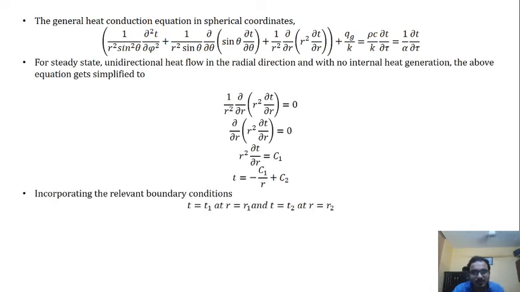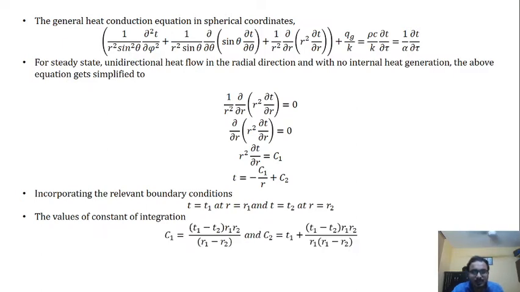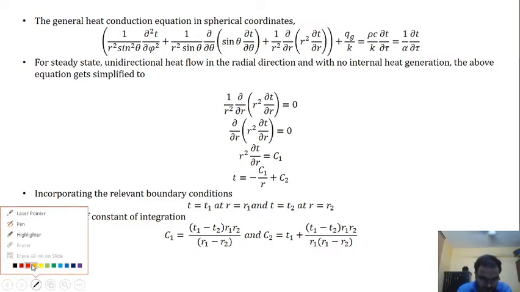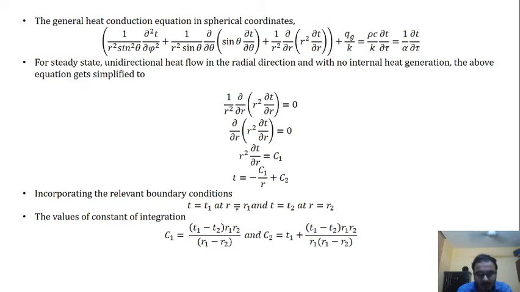So here these are the boundary conditions, and by applying the boundary conditions we will be getting this formula. Now we will try to obtain these values. Let us say we apply these boundary conditions.